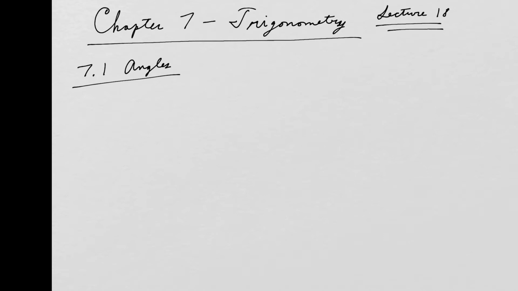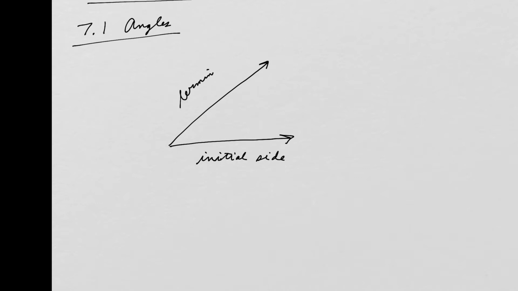Okay, so let me start by defining an angle. You're probably familiar with a lot of this stuff, but I think it's good to review it. If we have these two rays, where we have an initial side and then the terminal side, the point where the rays meet is called the vertex.